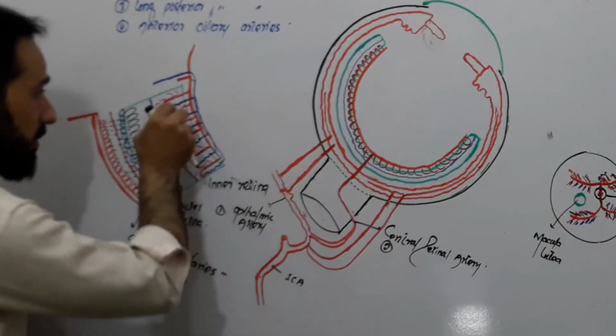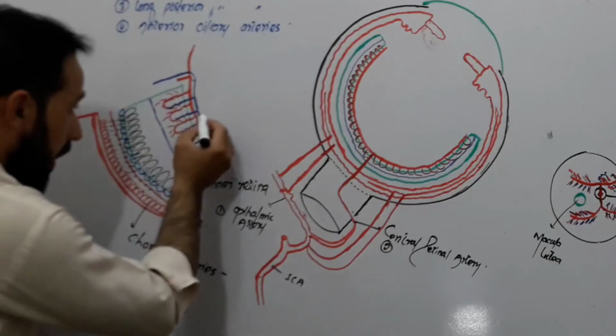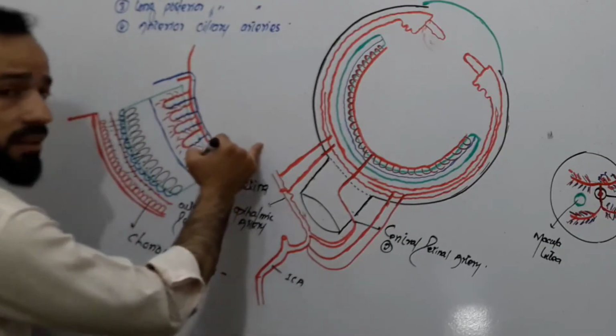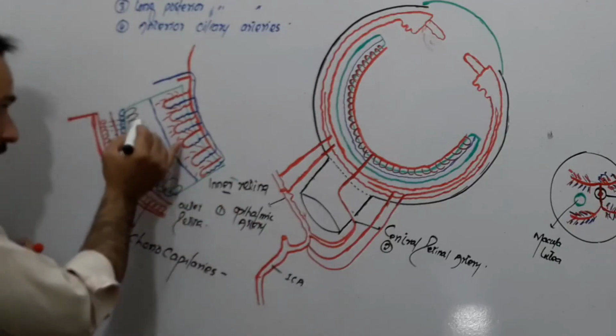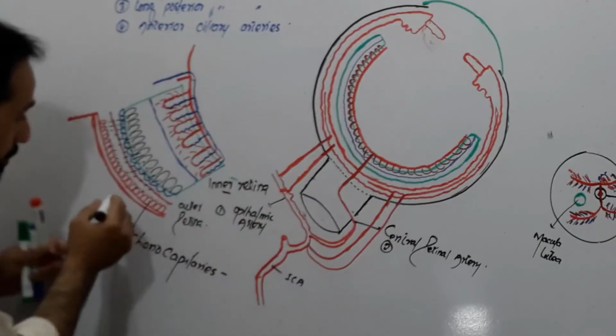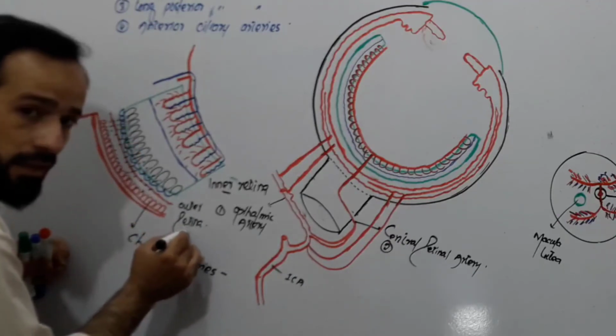But the inner part of the retina has arteries and veins inside it, right? Arteries do come and they give capillaries there in the inner retina, but the outer retina itself has no arteries and no capillaries, right? But the capillaries are distributed into the choroidal layer, right?